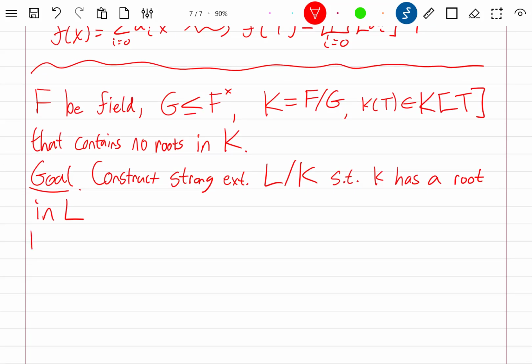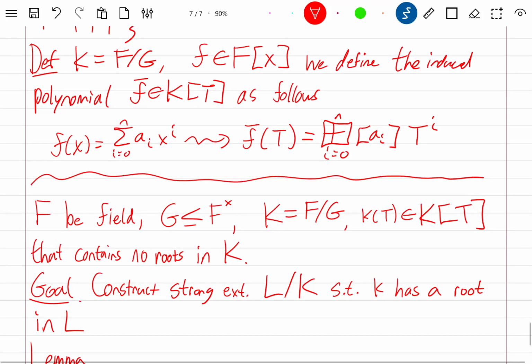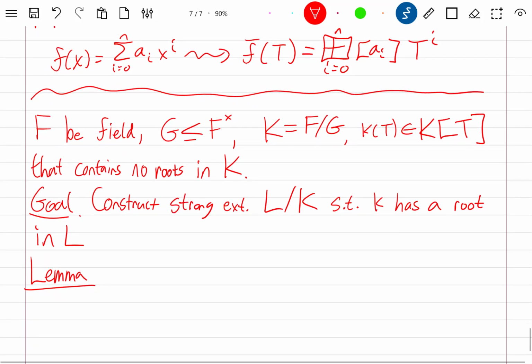Alright, so first things first, we will need a lemma. If you recall, at the end of the last section we talked about what polynomials over a hyperfield are. We said that if I have a quotient hyperfield and a polynomial over the field, there's an induced polynomial over the quotient.